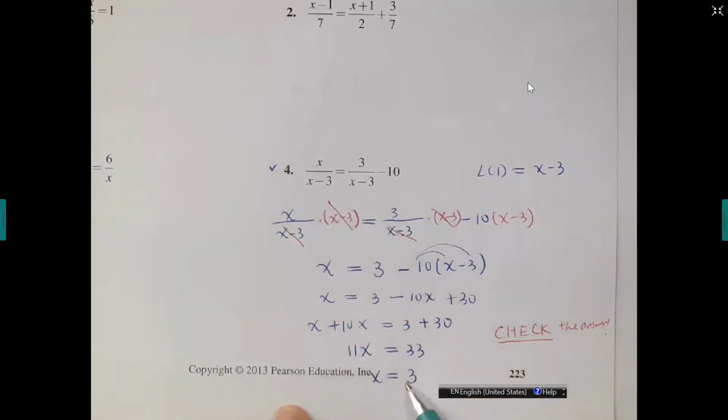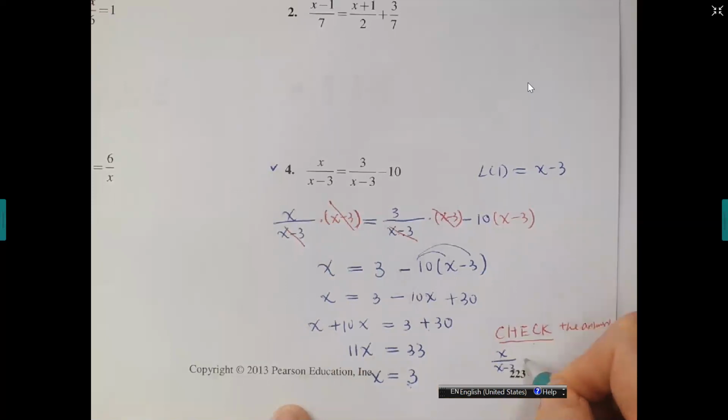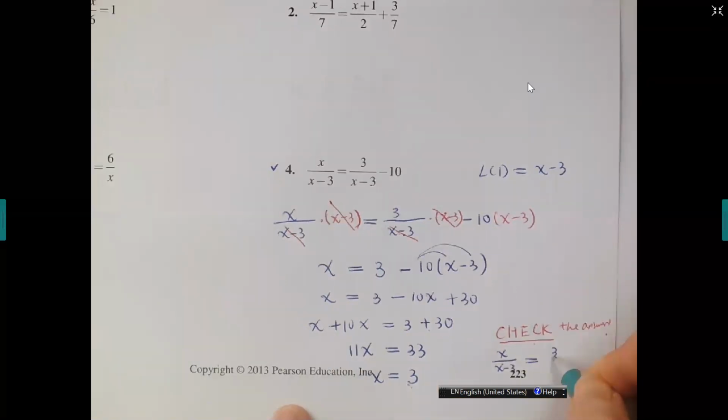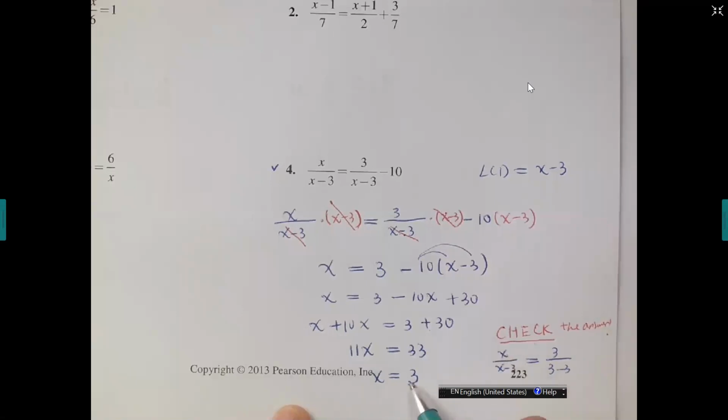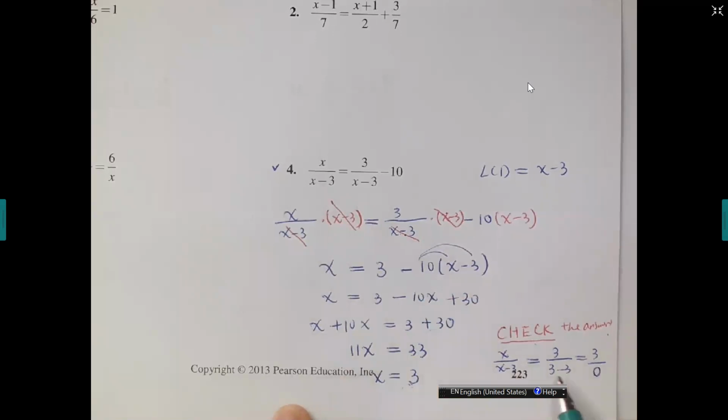What happens when x is 3? This denominator, x over x minus 3, turns into 3 over 3 minus 3. So plug x equals 3 back into the equation: 3 over 3 minus 3, which is 3 over 0. So when x equals 3, it makes the denominator 0.